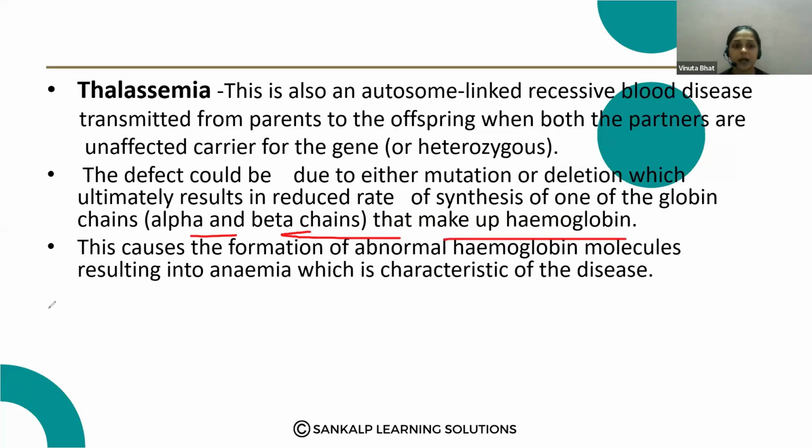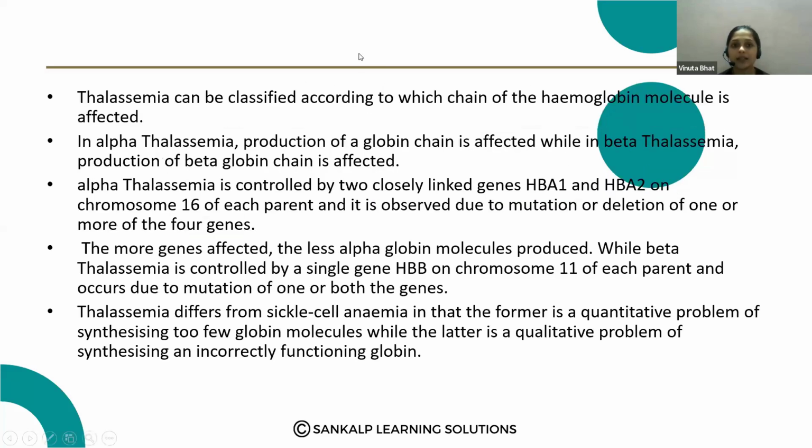So there are two types of thalassemia. The first type is alpha thalassemia, in which production of the alpha globin chain is affected, while in beta thalassemia production of the beta globin chain is affected.